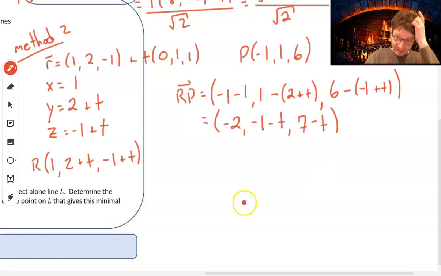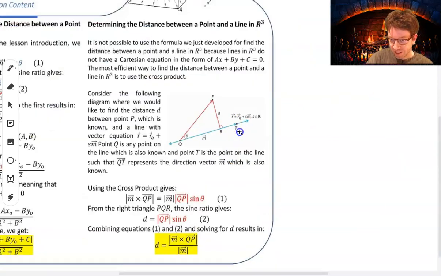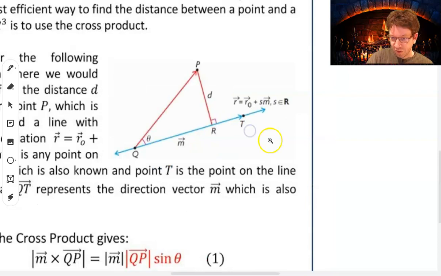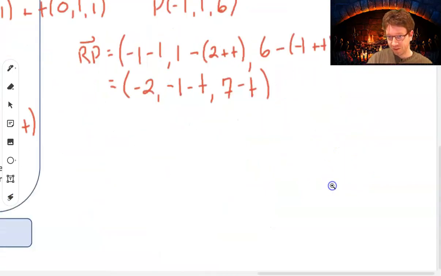All right, now what else do we know? I can keep going back to this diagram here so you can see. We know that line RP is perpendicular to the direction vector M. So if we have these two vectors which are perpendicular to each other, we can use the dot product and set it equal to 0. So let's do that.